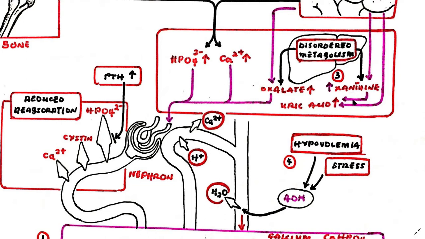Xanthine stones may occur when the formation of purines is greatly increased and the breakdown of xanthines to uric acid is inhibited. However, xanthine is much more soluble than uric acid, and xanthine stones are therefore much less common.